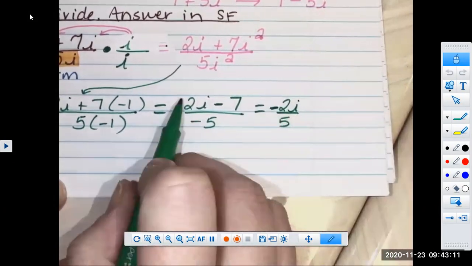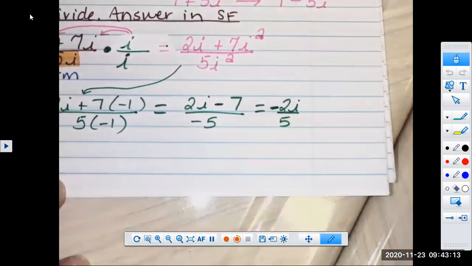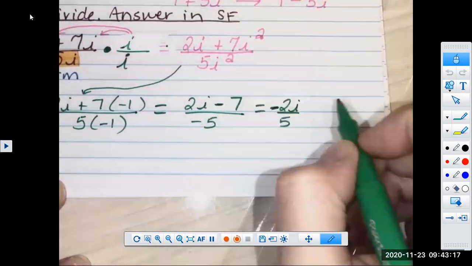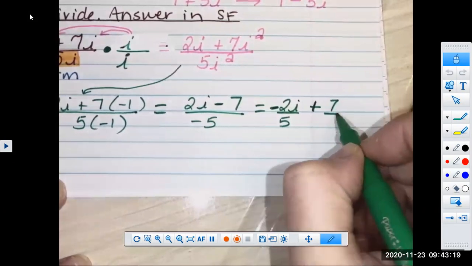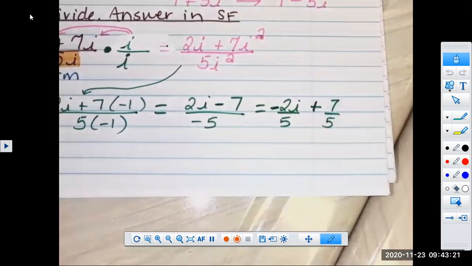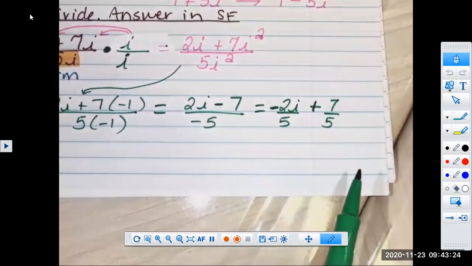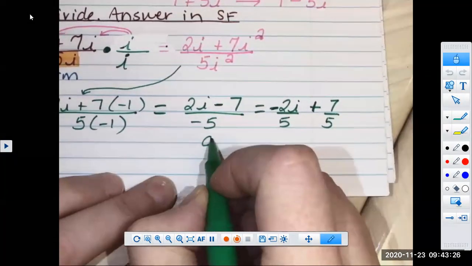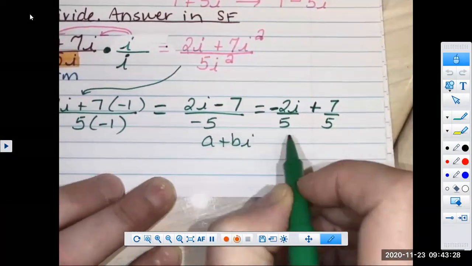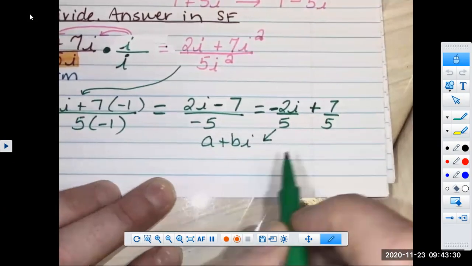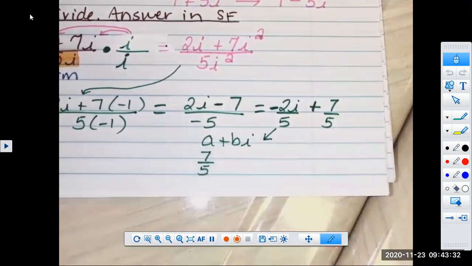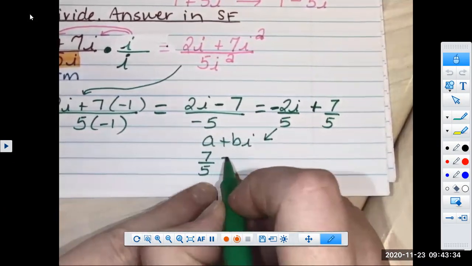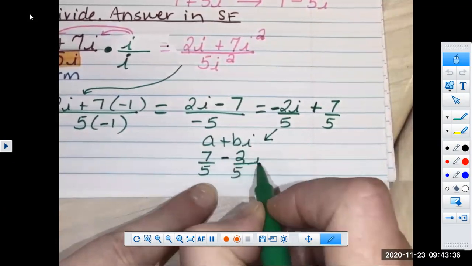All I did was move the negative to the top, it doesn't matter. So negative 2/5 i. And then this negative and negative are going to make that plus 7/5. But we wanted an a plus bi form, so you need to put the 7/5 part in the front, and the i term goes in the back.